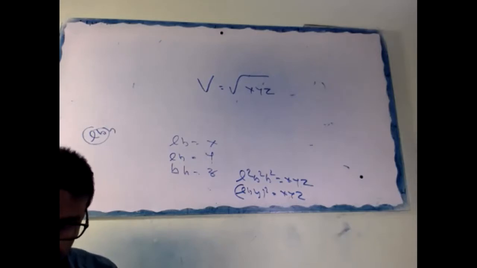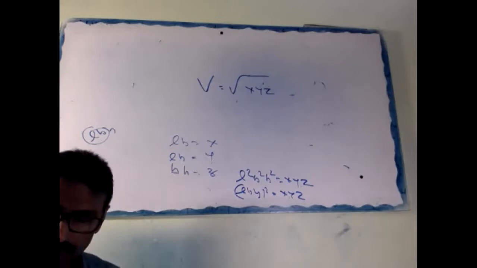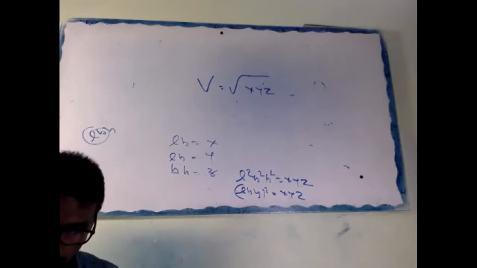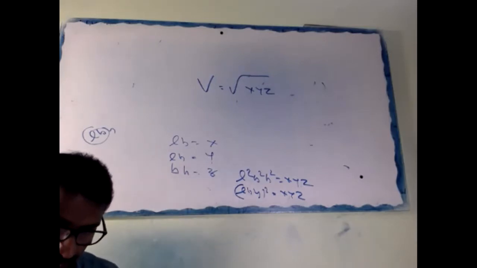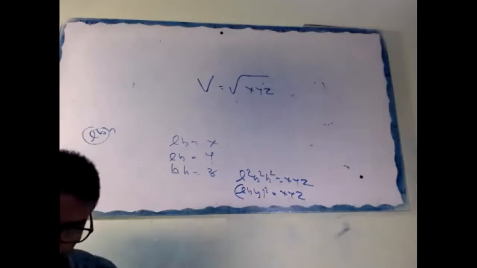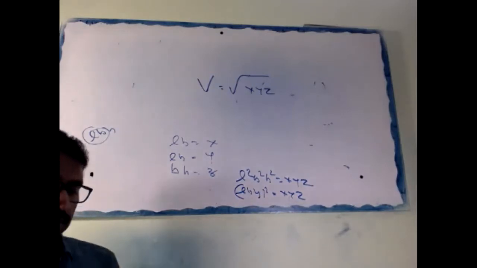Listen, a sphere of diameter 6 centimeter is dropped in a right circular cylindrical vessel, partially filled with water. The diameter of the cylindrical vessel is 12 centimeter.